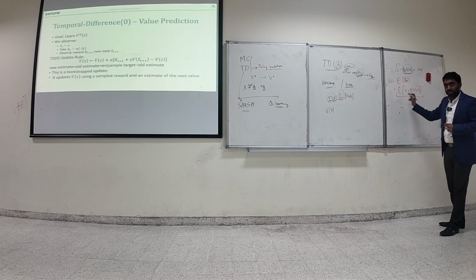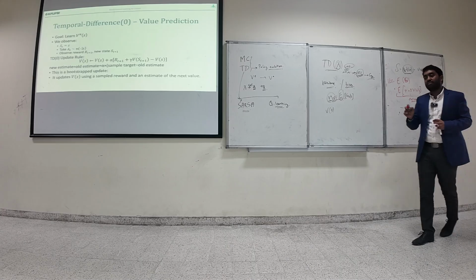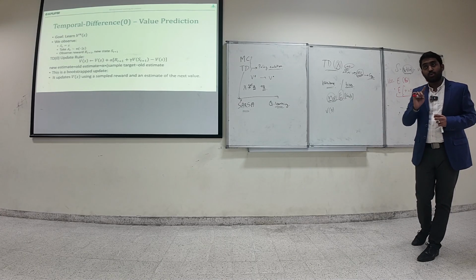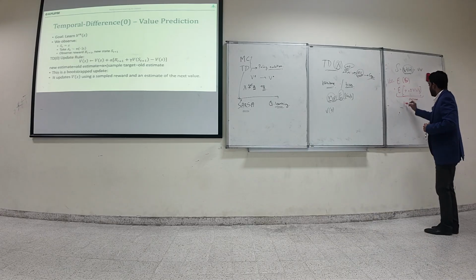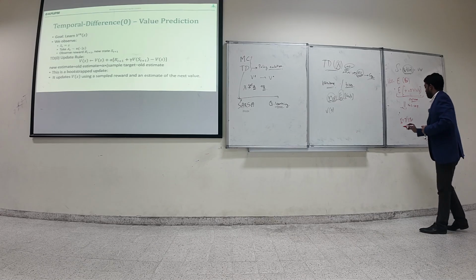You could do this for the entire episode if you have a model of the system. Since you don't have a model of the system and you're doing it only one step, this simply becomes R plus gamma times V pi of S prime, at T plus 1.